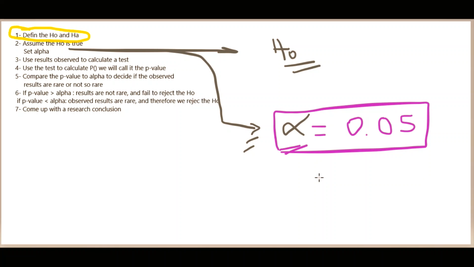But just in case, in some research areas, they might want to have a lower alpha. In other research areas, they might want a larger alpha. So before you do any calculation, you need to decide what your alpha is going to be. Otherwise, if you wait on the results and then decide alpha, it's like flipping a coin, and after seeing what you got, you call it. You know, when you flip a coin, you call it before you flip it. Okay? So therefore, that was step number 2.